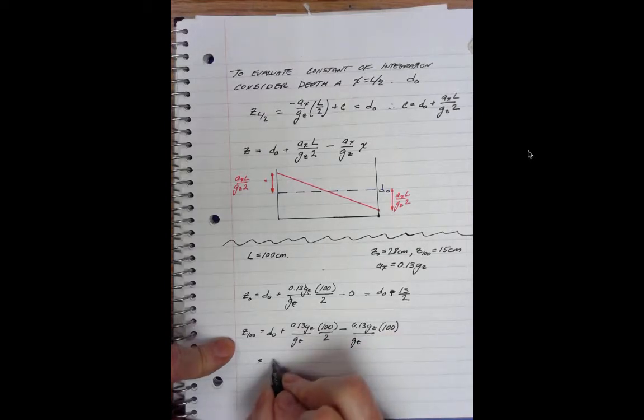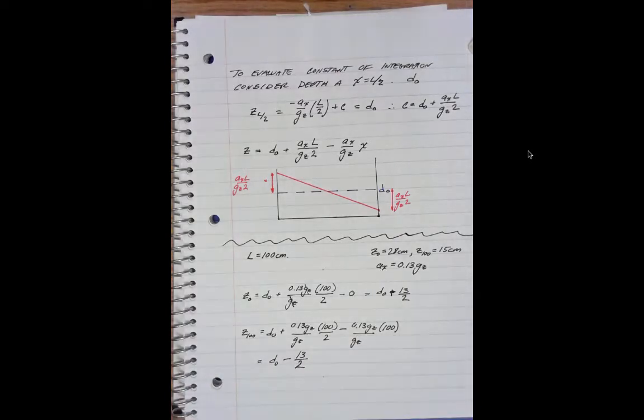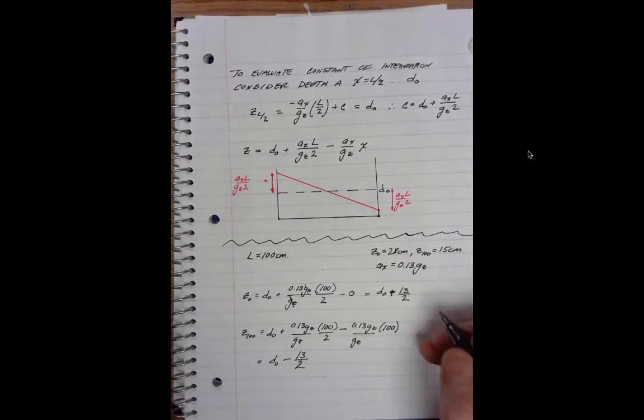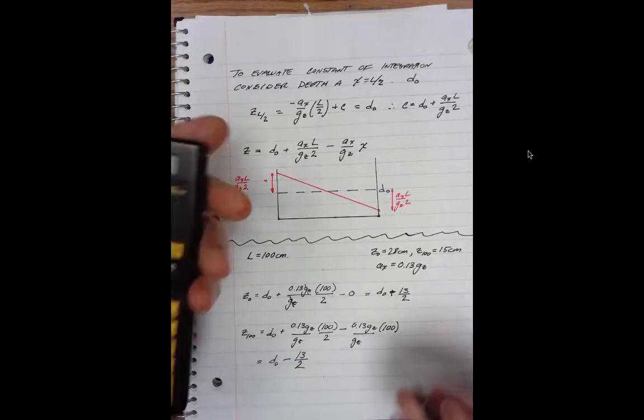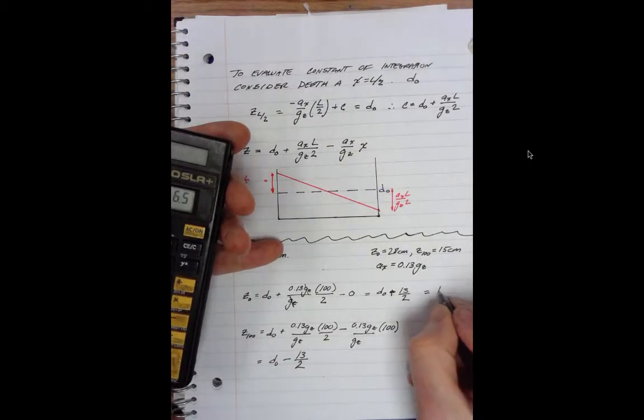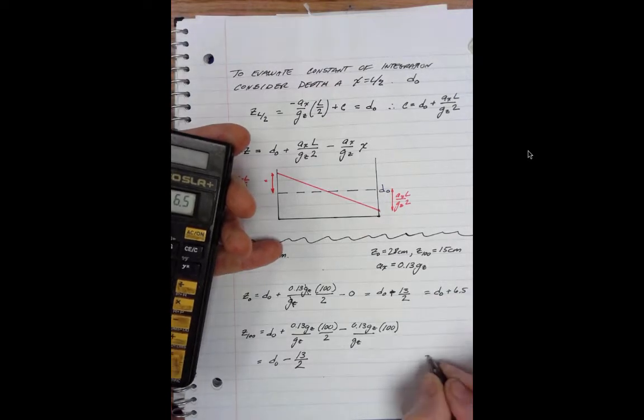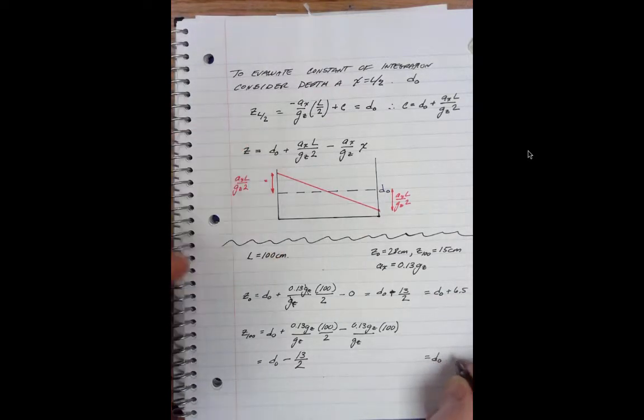This equals d0 minus 13 over 2. So this one equals d0 plus 6.5, and this one equals d0 minus 6.5.